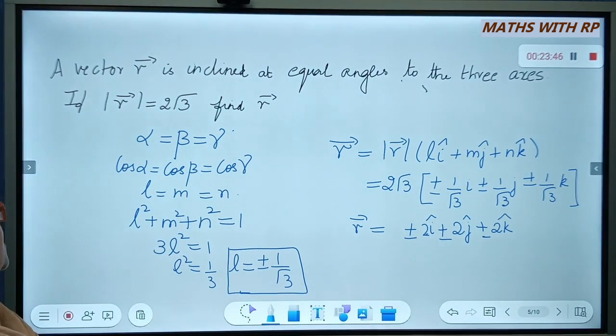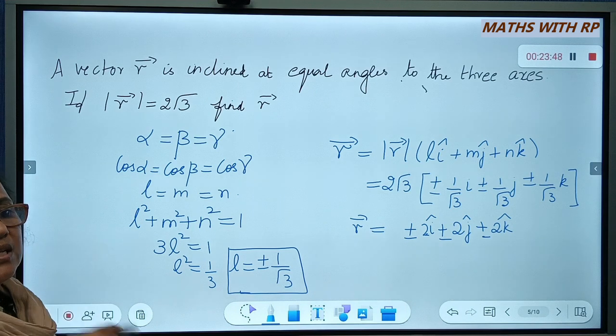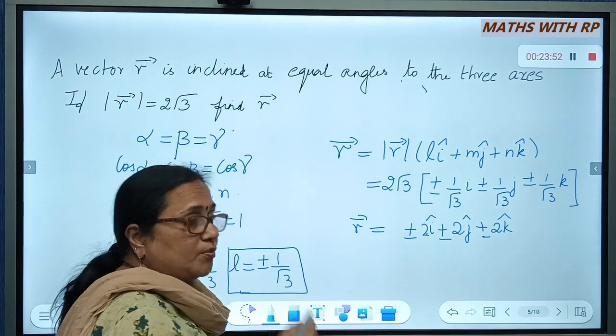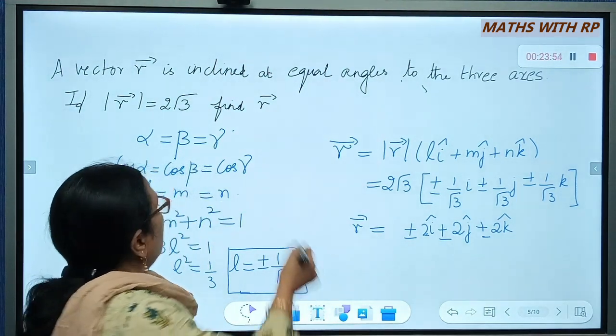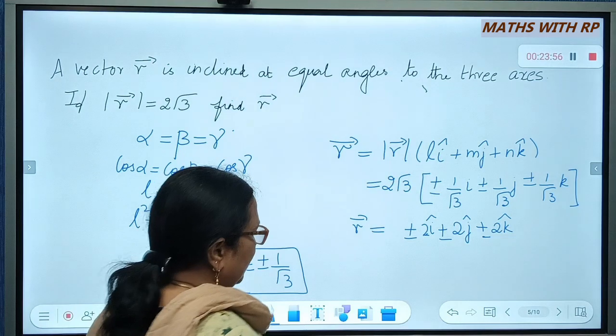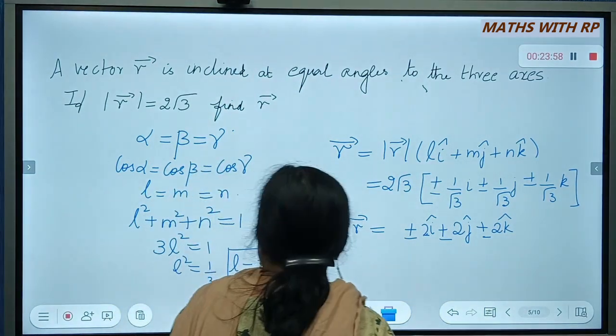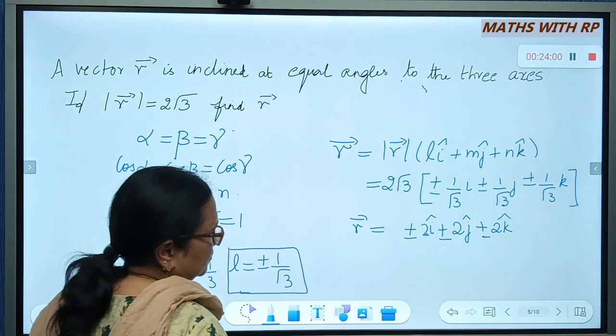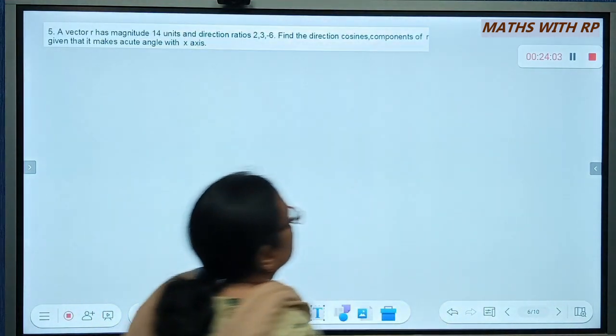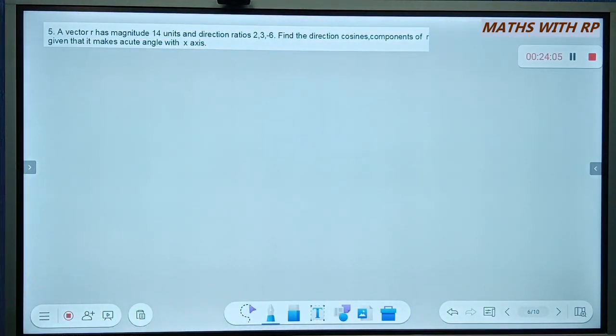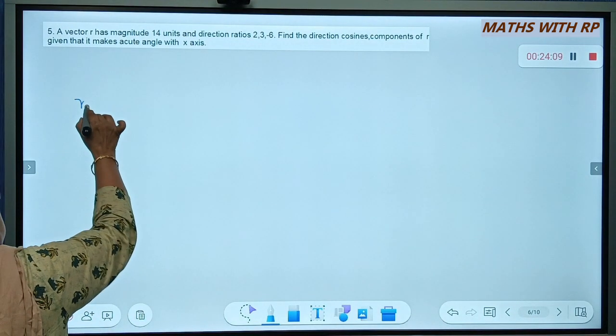So if a vector is equally inclined, alpha, beta, gamma are equal, and therefore L will also be equal to M, will be equal to N, and using the property you can find the value of cos alpha, cos beta, cos gamma. Now, a vector R vector has magnitude 14 units.